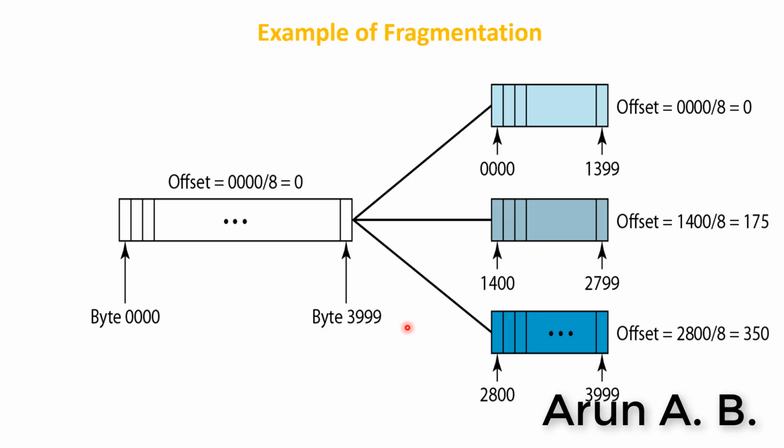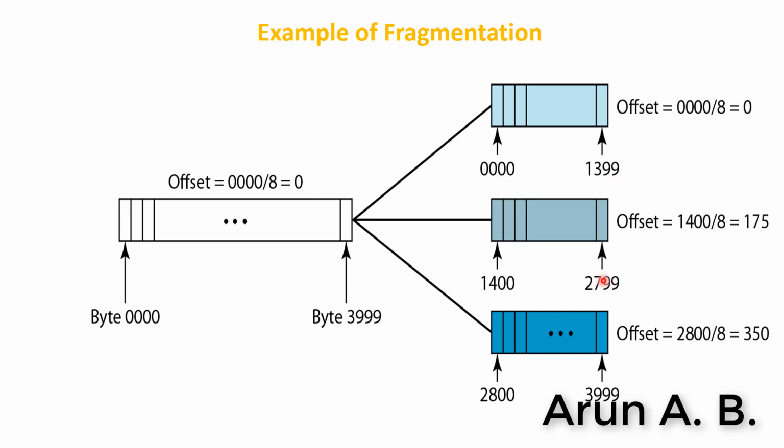Therefore, 0 to 3999 is the total packet size. When I divide it into sizes of 1400, from 0 to 1400, this is one subdivided packet. Further, I add 1400, so from 1400 to 2799, that is, you can think of 1400 to 2800.